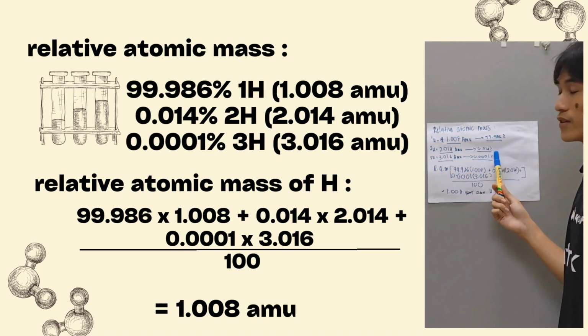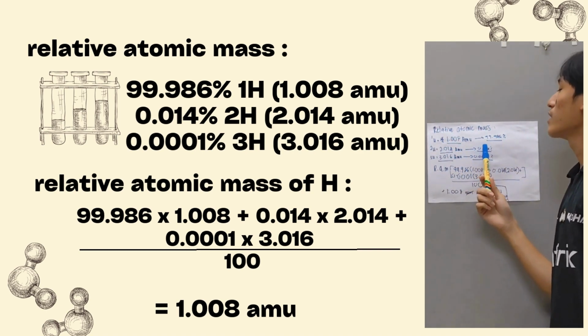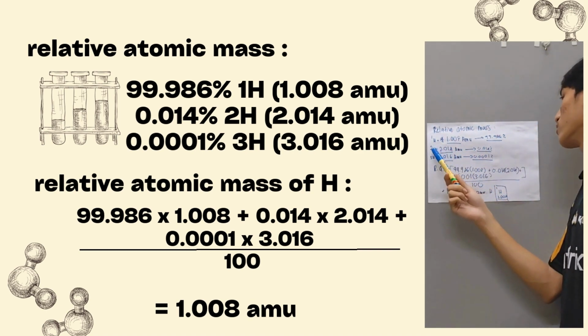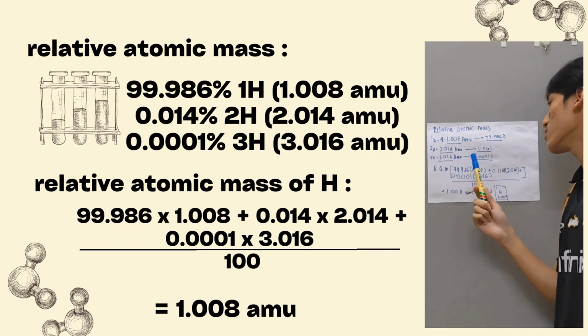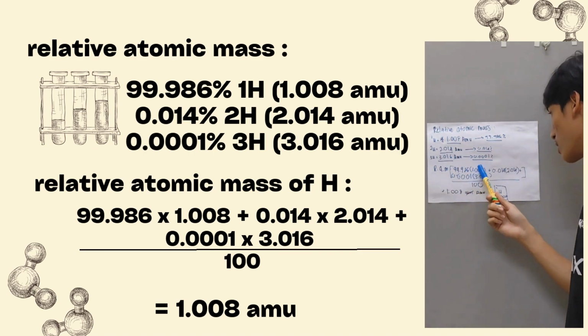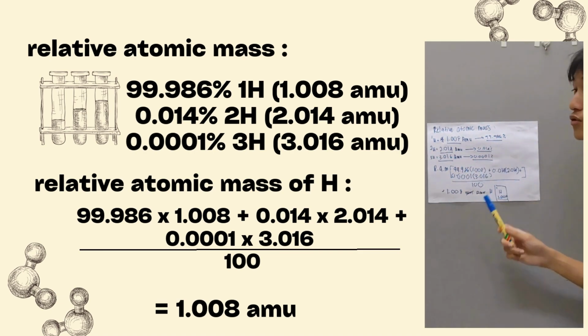The percentage given for 1 proton of hydrogen is 99.986%, for 2 hydrogen 0.014%, and for 3 hydrogen 0.0001%.